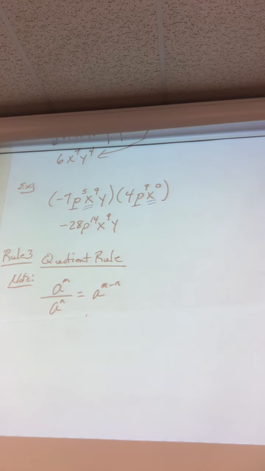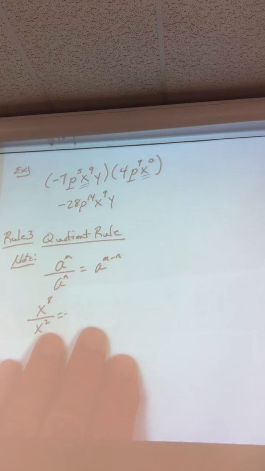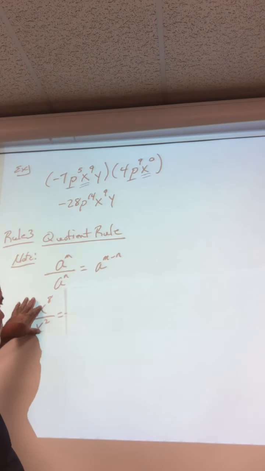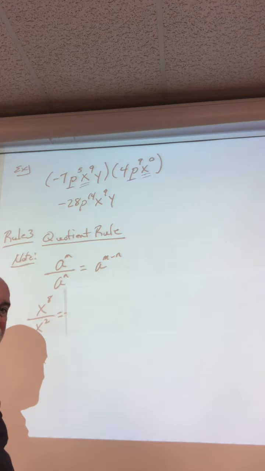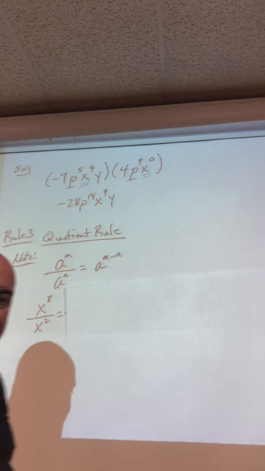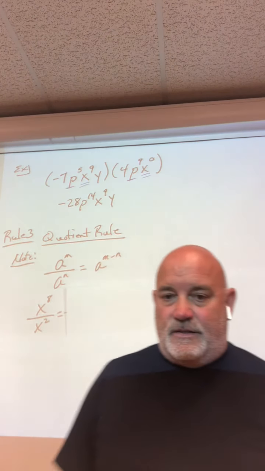So, let's do this problem right here then. If I have x to the 8th divided by x to the 2nd equals, if we use the rule, if we're dividing and the bases are the same, we keep the base and we'll subtract the exponents. So x to the 8th divided by x to the 2nd would then be what? x to the 6th.